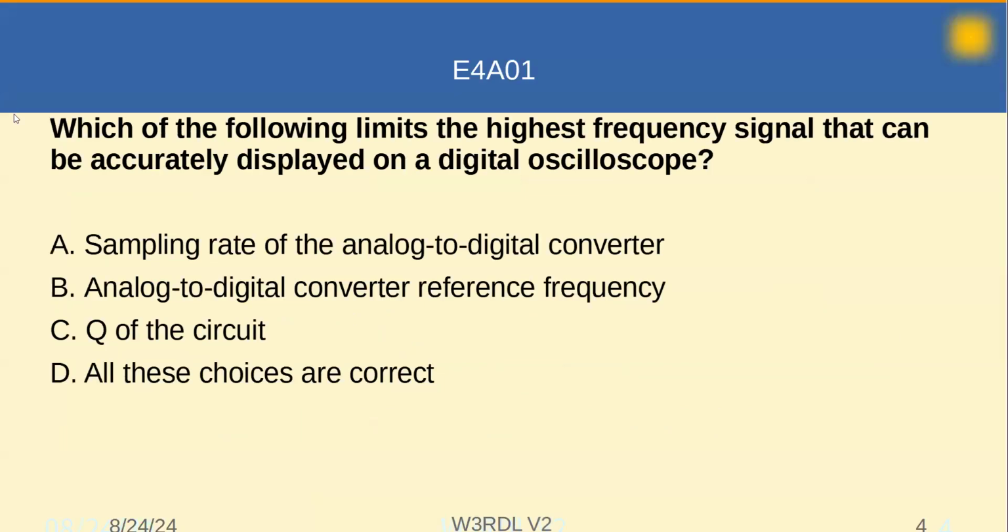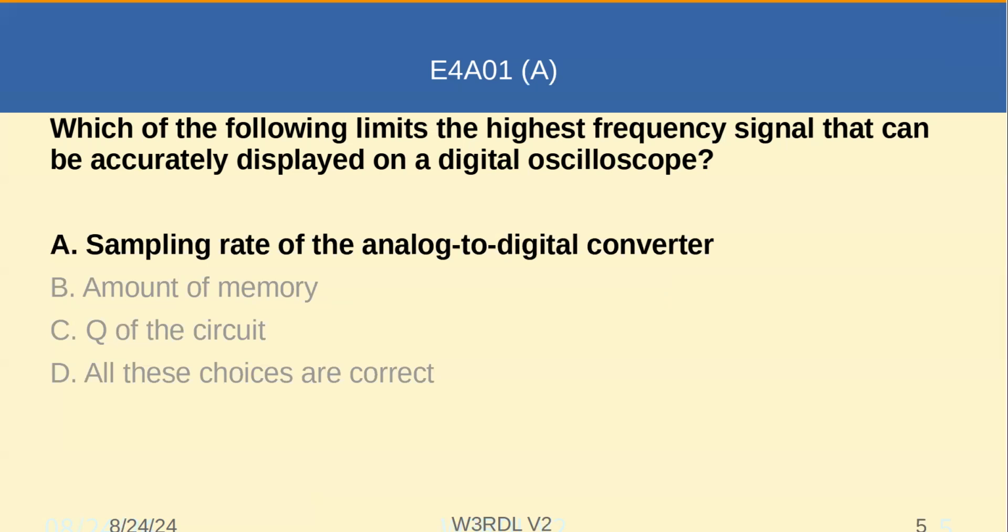Which of the following limits the highest frequency signal that can be accurately displayed on a digital oscilloscope? Or did you look the answer up? Did you look the answer up? Okay.